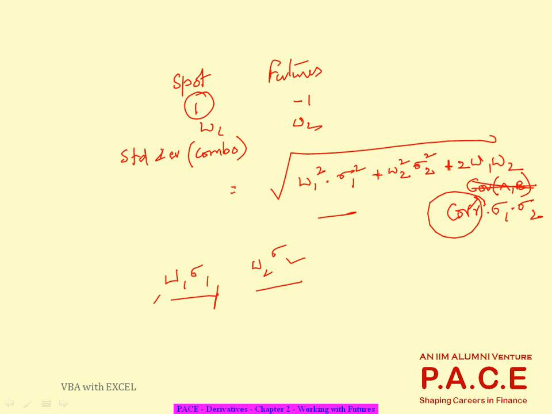I'll apply the same formula, the square root of this entire stuff, and see if I combine these two things into a portfolio where one is bought and the other one is sold, what is the risk involved in the transaction. If I am able to drastically reduce the risk, I can very well say buying in the spot market and selling in the futures market is always a better way to hedge my risk, right?